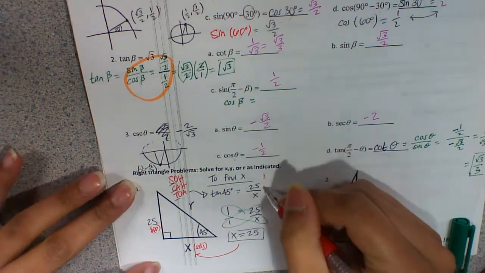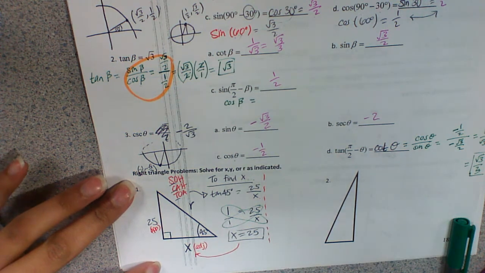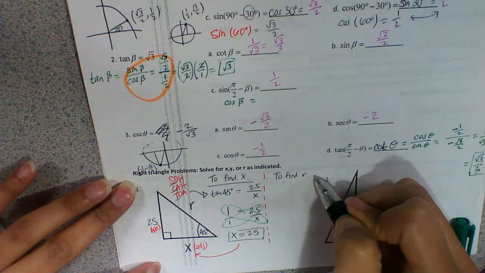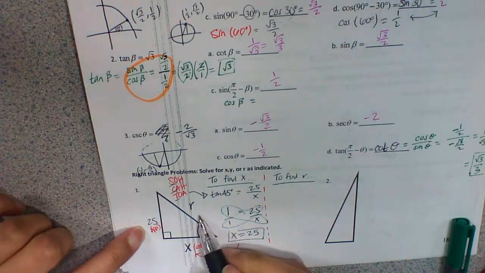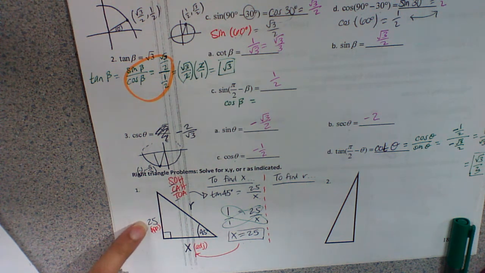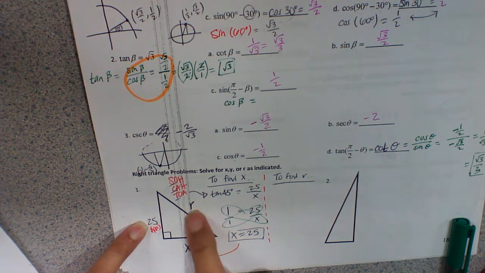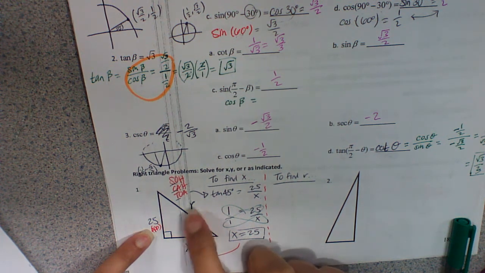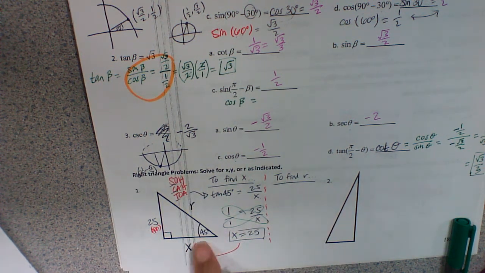Okay, now let's do something similar to find r. Again, we can always use the Pythagorean theorem. However, I want you to see this in terms of the angle, according to the angle. So now I want to use what I know to find what I don't know. So I want to use opposite and hypotenuse. Or you could do adjacent now that we know it, or you can use adjacent and hypotenuse.